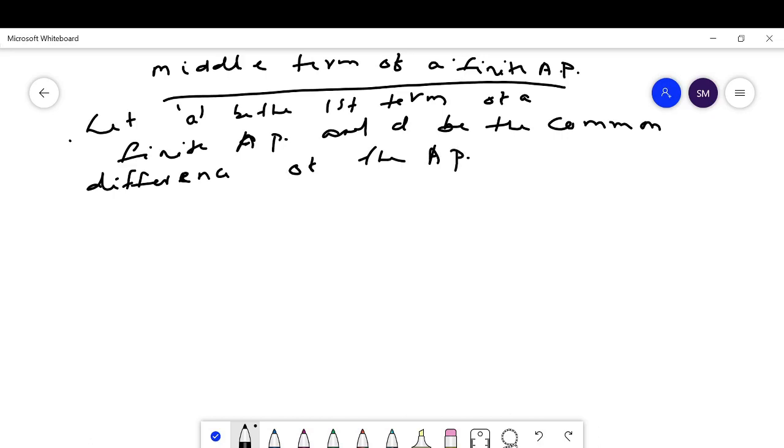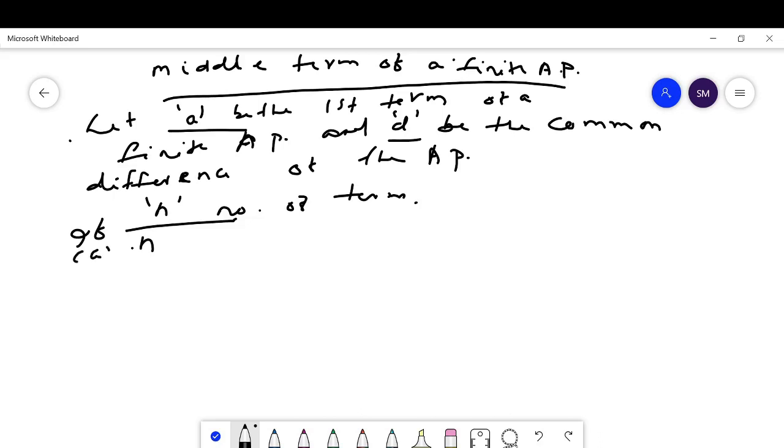Then let there be n number of terms. So a is the first term, d is the common difference, and there are n number of terms.